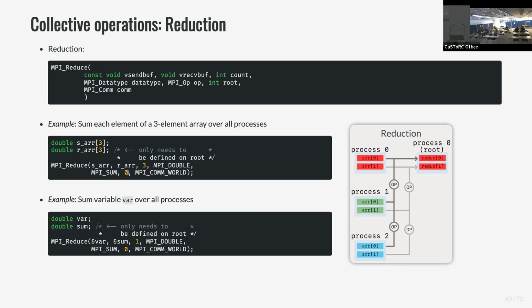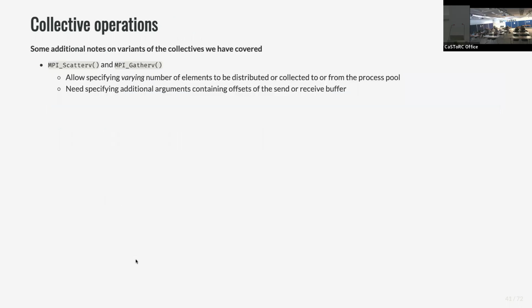Similarly, if you have scalar variables, so this is not an array anymore, but just single scalar variables, then you have to use an ampersand to specify that this is a pointer to the variable var and a pointer to the variable sum.